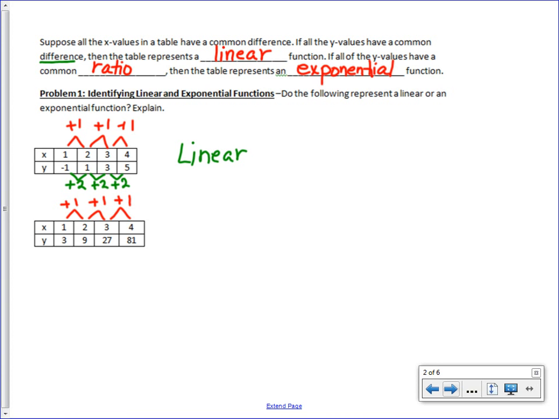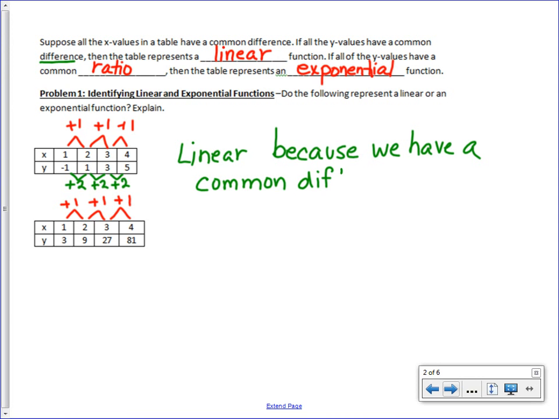So linear, because we have a common difference in our y values.